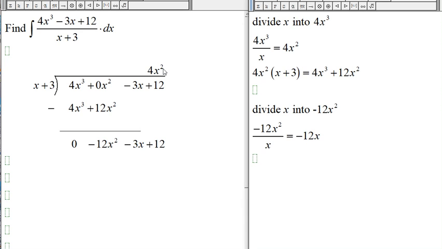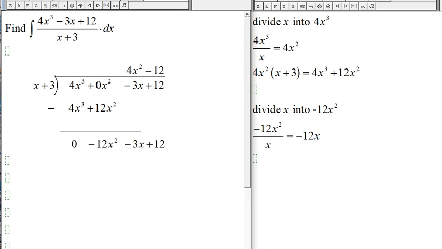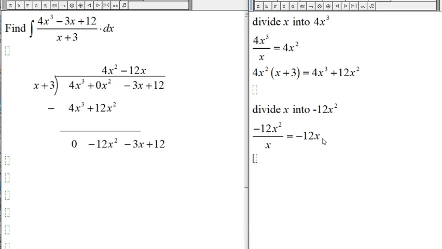So we'll put the negative 12x right here. And then we'll subtract. We'll do negative 12x times the x plus 3, and this will be negative 12x squared minus 36x. And so we'll subtract the negative 12x squared minus 36x from this.